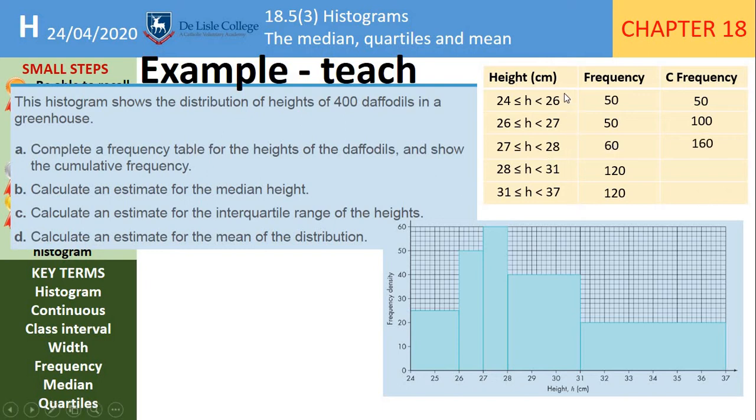My next cumulative frequency will involve these four, so 50 plus 50 plus 60 plus 120 to give me 280. And then my final cumulative frequency will add together all of the frequencies that we have, which takes us to 400, which is also correct with the amount it said in the question.